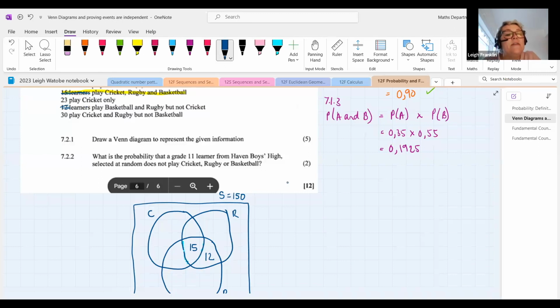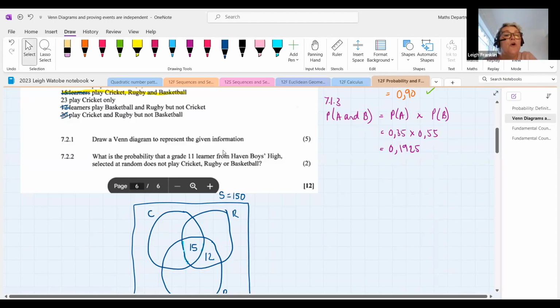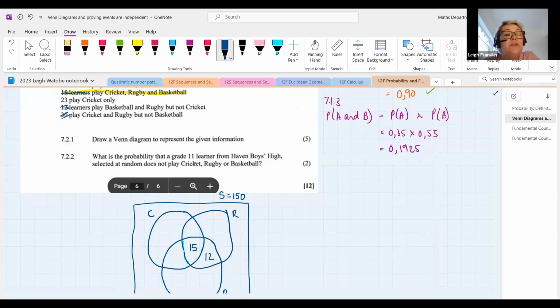Then they tell us that there are 30 learners who play cricket and rugby, but not basketball. So that 30 would go over there. If they hadn't said that 30 learners play cricket and rugby, but not basketball, to work out how many played cricket and rugby but not basketball, I would have to subtract.